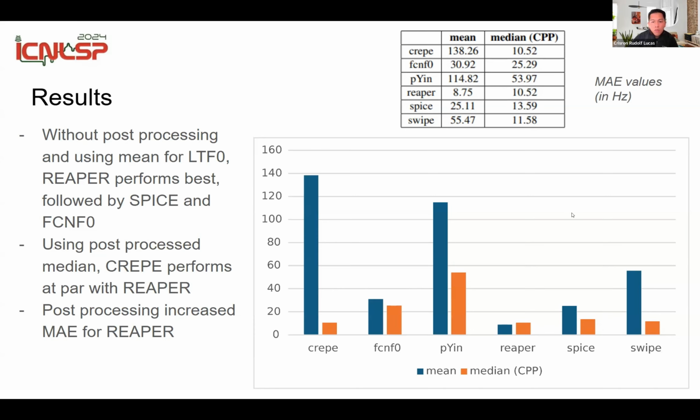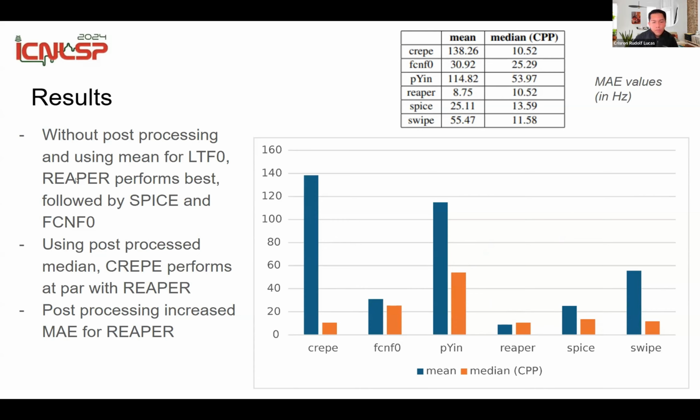As you can see with the blue ones, Reaper is already good on its own without post-processing. But when you do post-process, CREPE performs at par with Reaper. And as you can see, SPICE also has a low MAE value, whereas pYin has the highest MAE when post-processed.